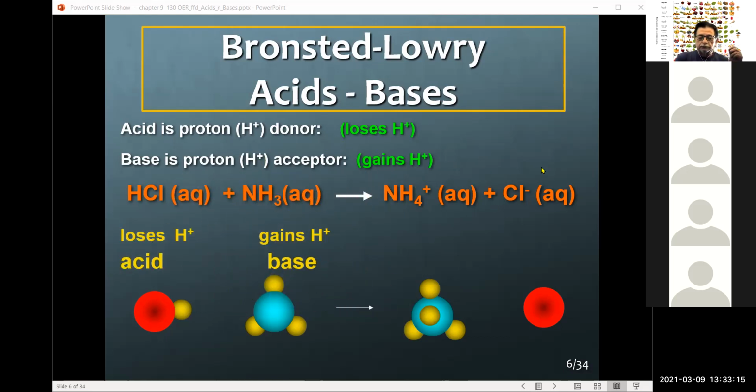All right, so HCl loses a proton, and the ammonia gains it. This should tell you something in a real life situation. Ammonia has a pretty strong odor.